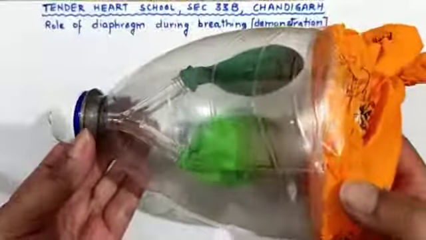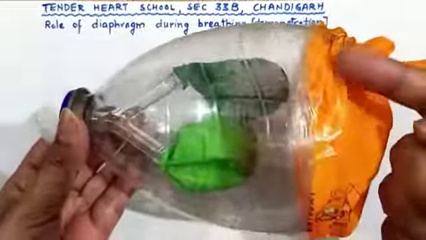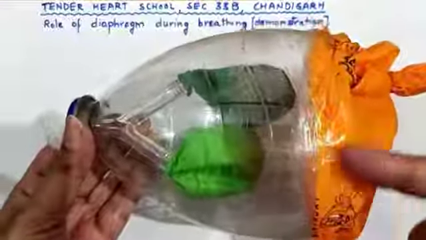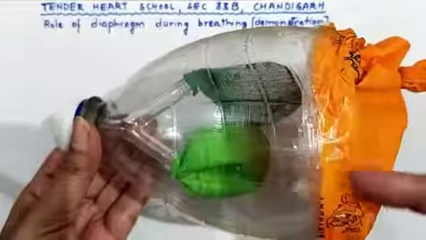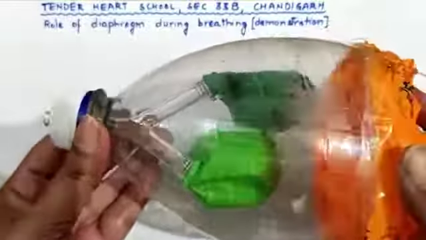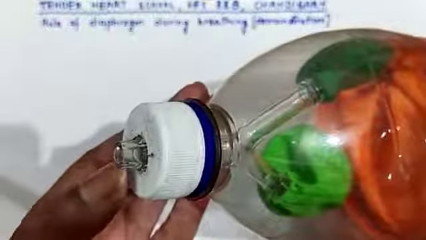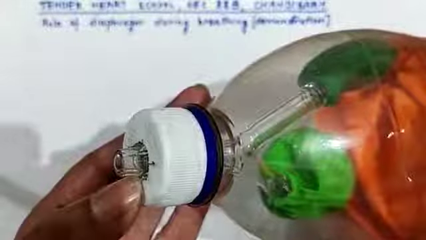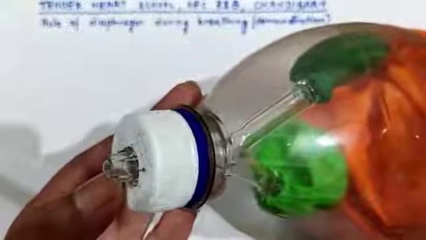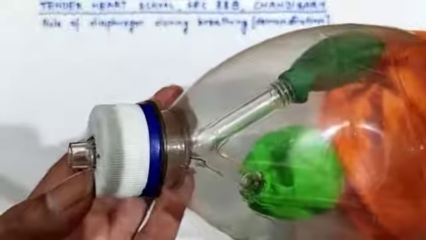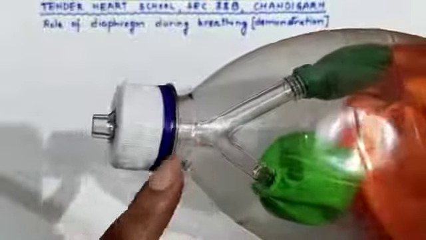We have taken this PET bottle. The bottle has been cut from the bottom. On the cap of the bottle, we have made a hole, and through that hole, a Y-shaped glass tube has been inserted.